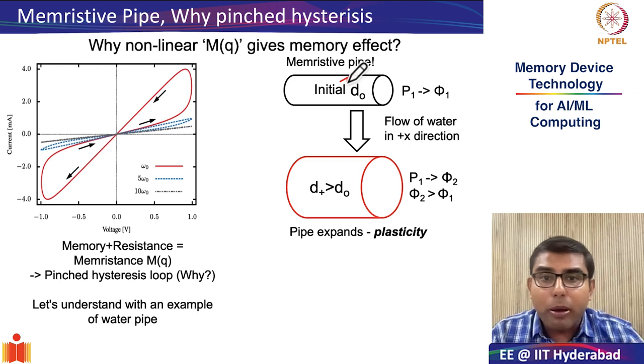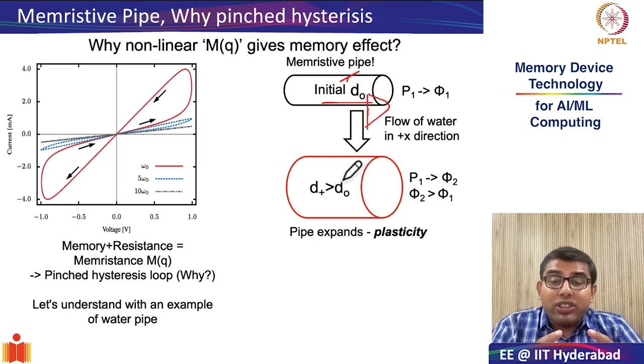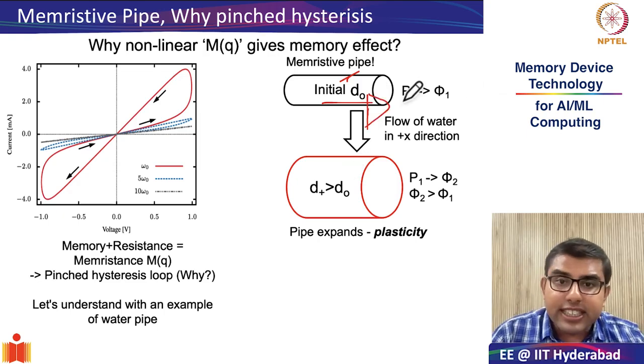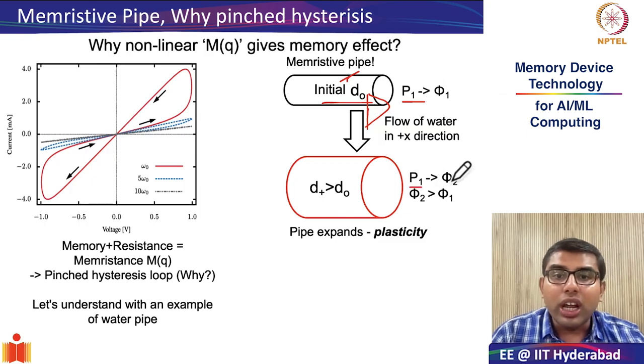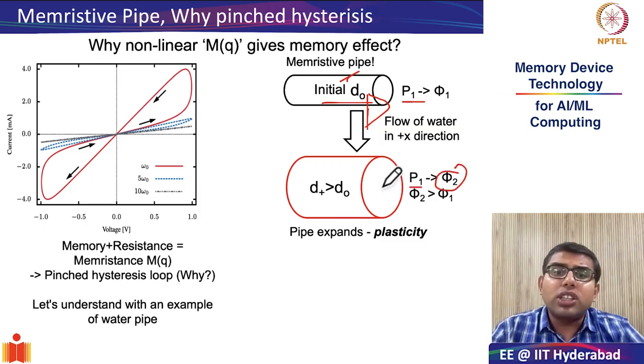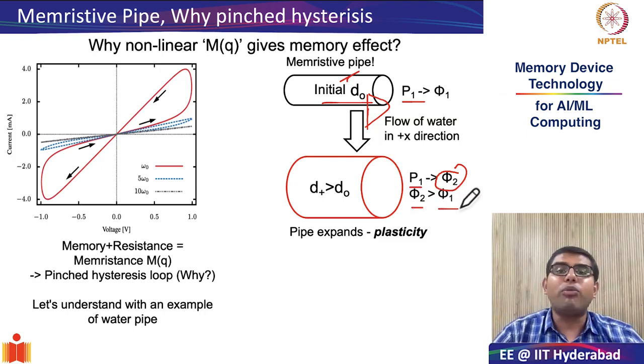In this magical memristive pipe, when you flow water in the positive X direction, the diameter of the pipe increases. As a result, for the same pressure of water, you now have a different flux. The flow of water increases because the diameter of the pipe has increased. Therefore, psi2 is greater than psi1.